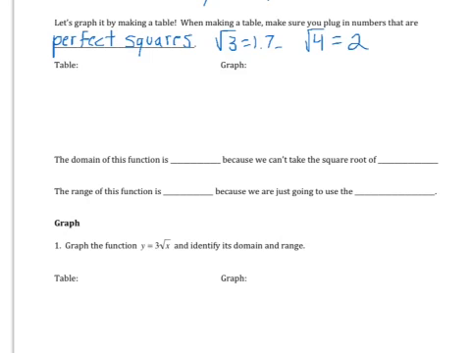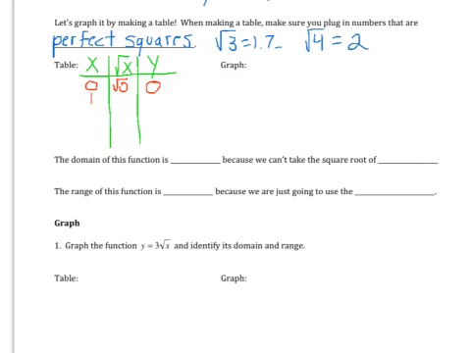So let's make a table for y equals the square root of x. I'm going to plug in numbers that are very easy to take square roots of. The first number is 0, because we know that the square root of 0 equals 0.